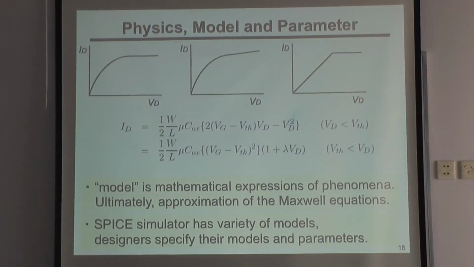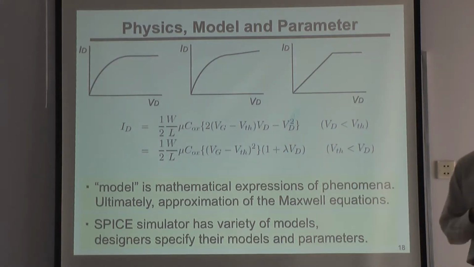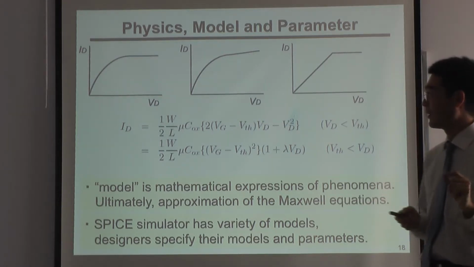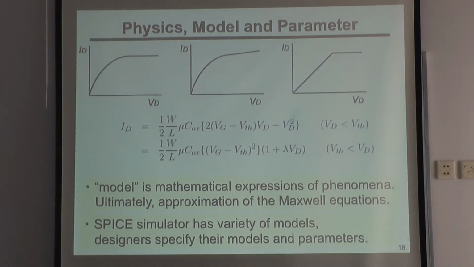So, and then we have to consider models, the model name. And there are many kinds of models. And first, what does model mean? A model is physics. A model is a mathematical expression of physical phenomena.